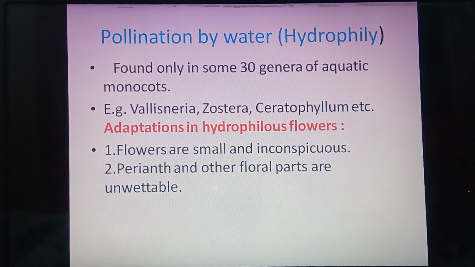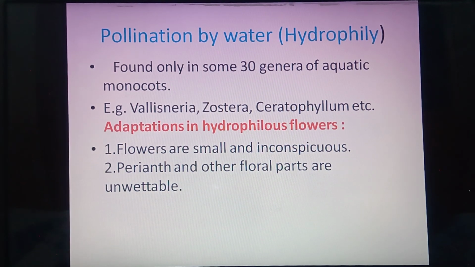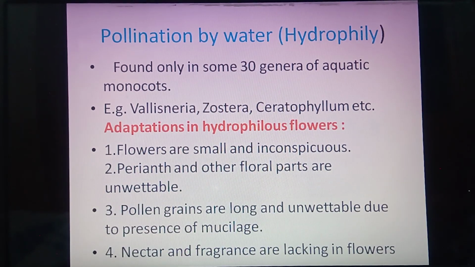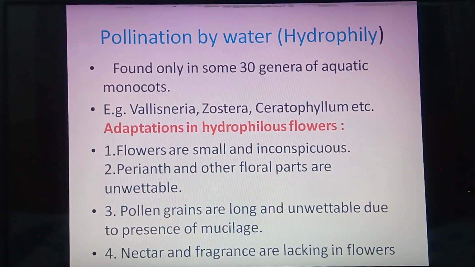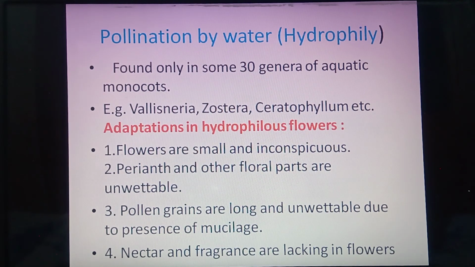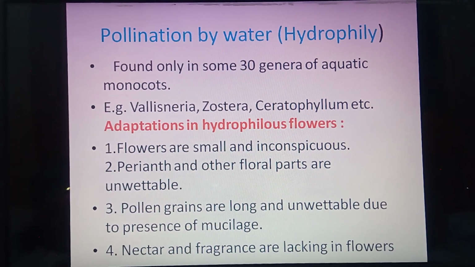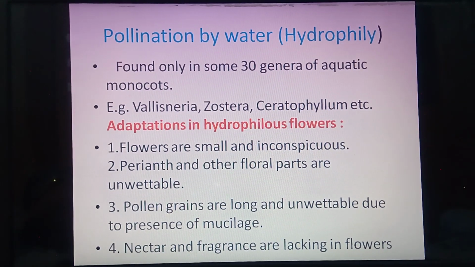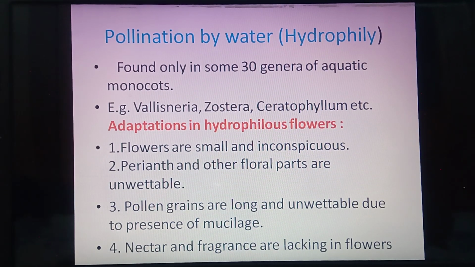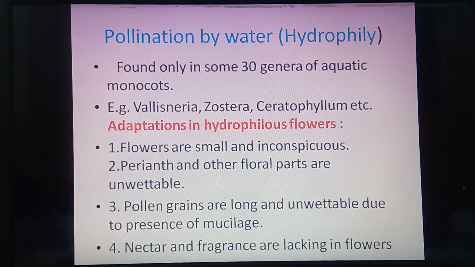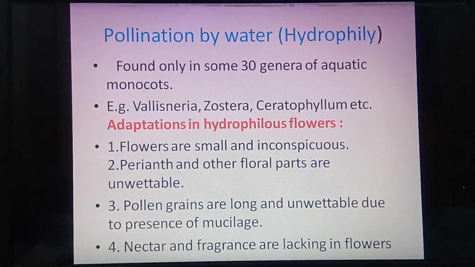So to avoid that, the floral parts are unwettable. Then pollen grains are long and are unwettable due to the presence of a mucilage cover on their surface. Then you can observe the nectar and fragrance are lacking in the flower. The flower does not show nectar, it does not show fragrance. So this is about the modifications shown by the flower of a hydrophilous plant.